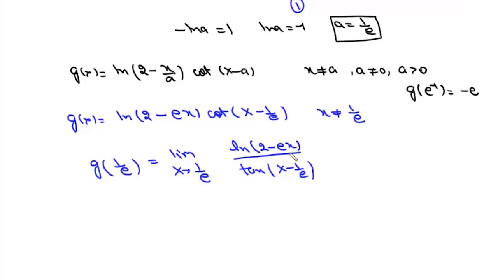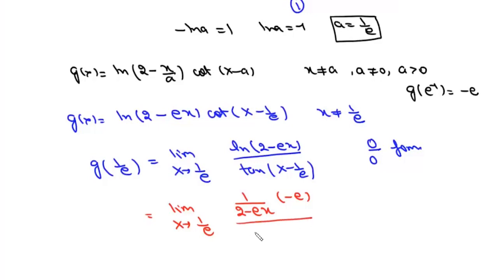Now we put x as 1 upon e, this is log 1, which is 0, and here it is tan 0, so it is 0 upon 0 form. So again we'll use L'Hopital's rule. So it will be this limit x tends to 1 upon e, and here it will be 1 upon (2 - ex) into minus e, and this will be secant² (x - 1/e).